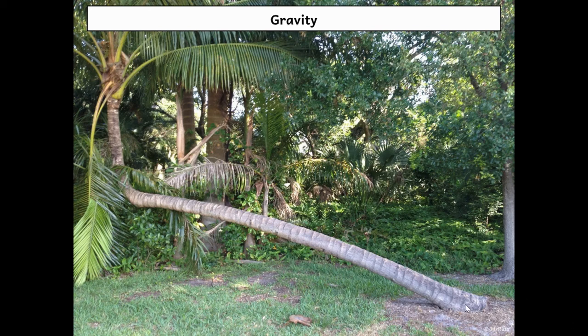So this plant came out of the ground. The stem or the trunk is growing up where the root is going down. How do you think that a plant knows which way is up and which way is down? Well, you and I know which way is up and down because we know when we're standing, the sky is up, the ground is down, or the ceiling is up and the ground is down.